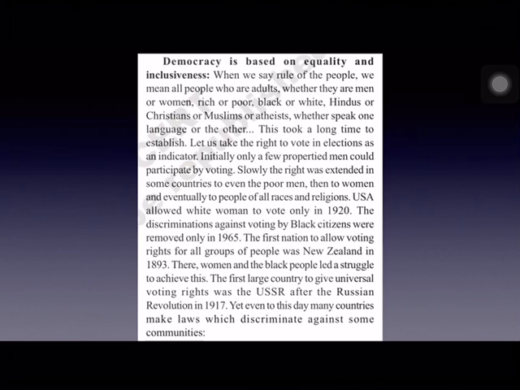And the first large country to give universal adult franchise was Russia, USSR. After the Russian Revolution in 1917, universal adult franchise was implemented in Russia. And even today there are many countries which are making laws to discriminate against some communities. That means some communities are still not given the right to vote.